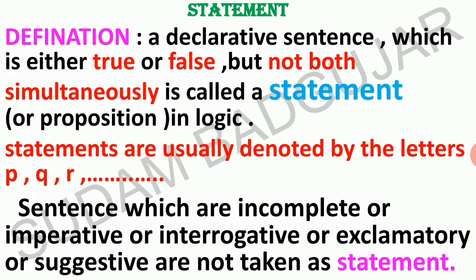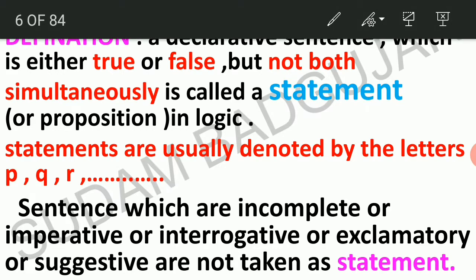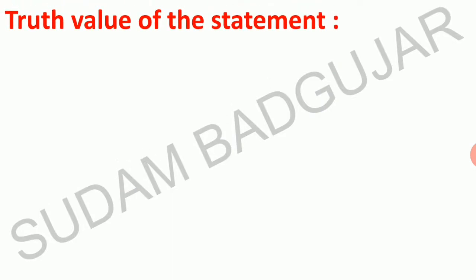It's very simple. A simple sentence whose answer is either yes or no type, or true or false form, becomes a statement. If the sentence is a statement, then it has two truth values.